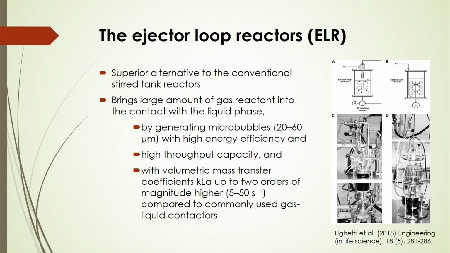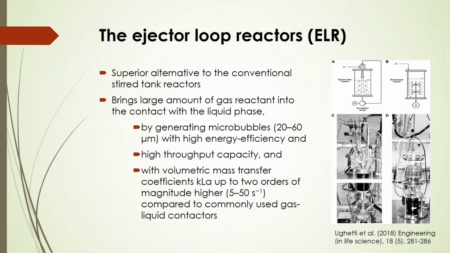Now, another important application of the ejector system in the chemical engineering or even biochemical industry is called the ejector loop reactor, ELR. In this case, it is a superior alternative to the conventional stirred tank reactors.